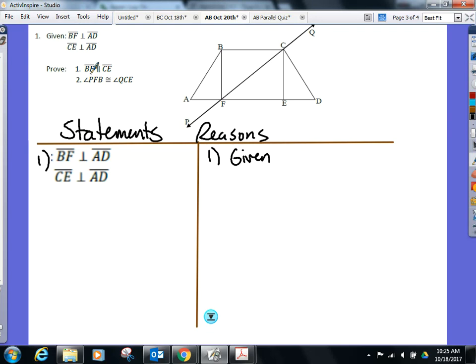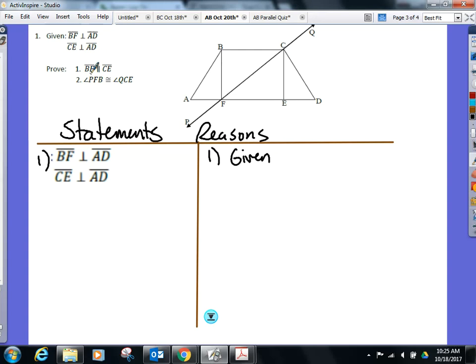So the theorem: 2 lines perpendicular to the same line are parallel to each other. Okay, so that takes care of part number 1 right there, that those 2 lines now are parallel to each other.